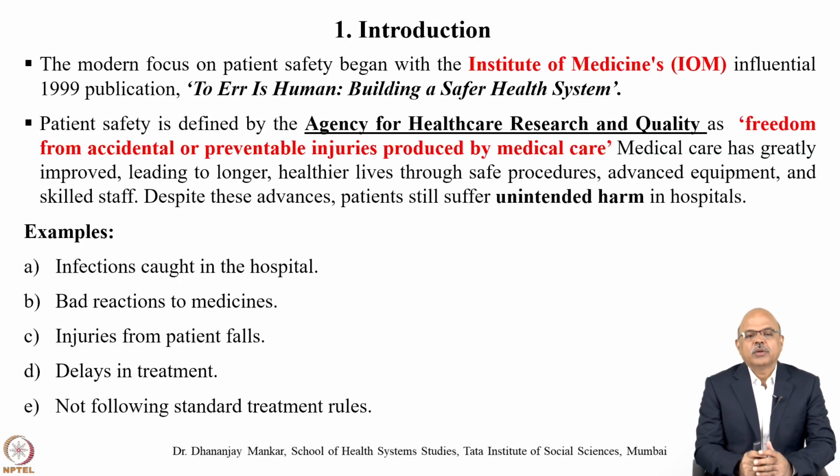In the introduction, we would like to focus on what is there in the depth of patient safety to be seen as so prime important. The modern focus on patient safety began with the Institute of Medicine, that is IOM's influential 1999 publication, To Err Is Human: Building a Safer Health System.